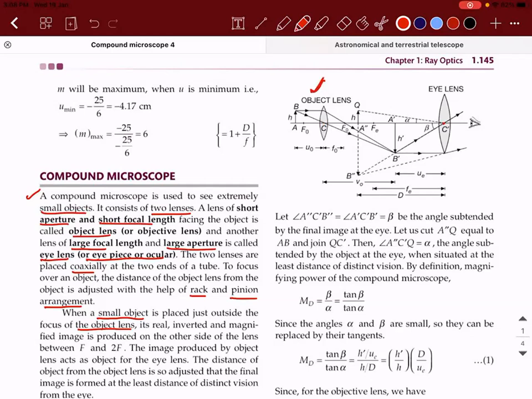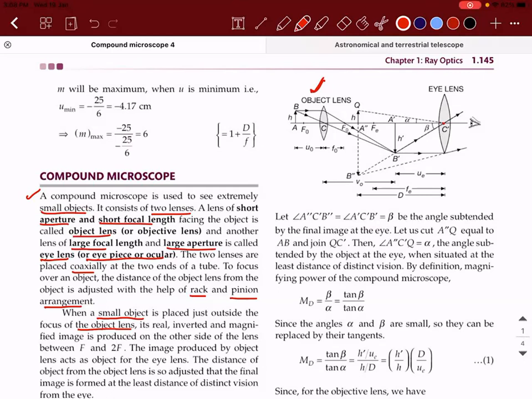With respect to that object lens, you place the object in such a position that magnification of that object takes place, right? So magnification has to take place. One of the cases where magnification is possible is when you place it between the focus and the pole. Similarly, the second possible position is between the center of curvature and the focus.